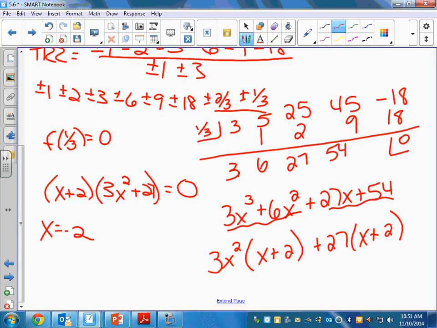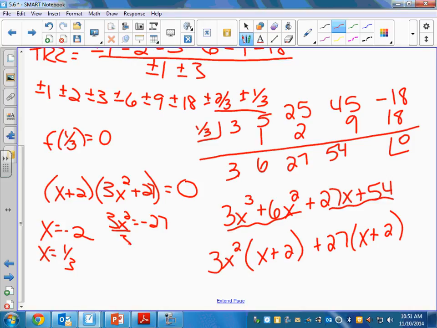Negative 2, right? And we got x equals 1/3. Yesterday, Friday, you got to leave that because it's imaginary. But today you don't get to leave it. You have to solve it, which means you can subtract 27 over.